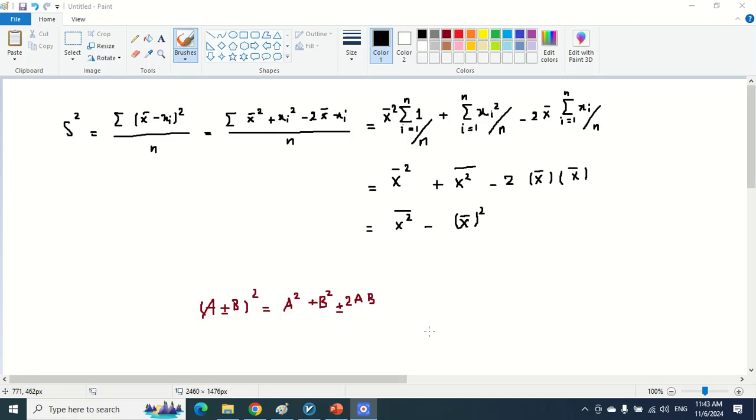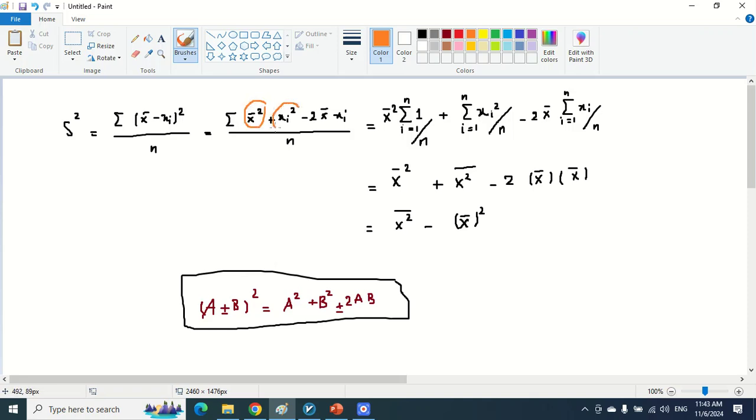To summarize, I wrote it over here. As you can see, we can expand it using the algebraic formula that you learned in high school. After we expand it, we split it into 3 parts. This x bar squared is divided by n, the second one as well, and the third one. So we split them into 3 parts.